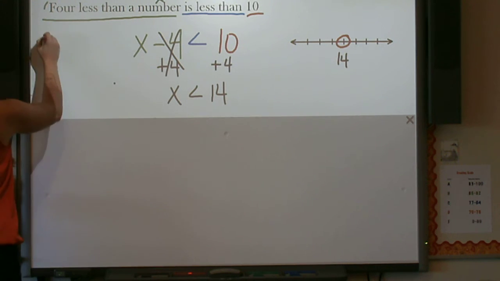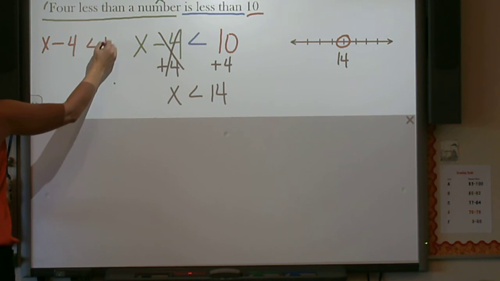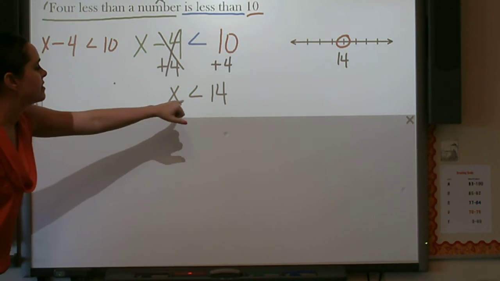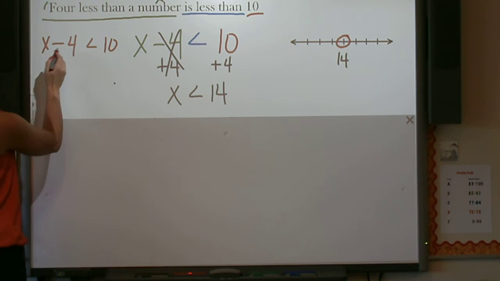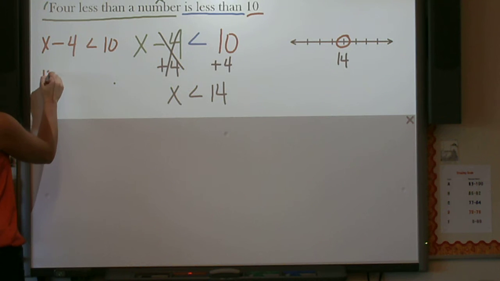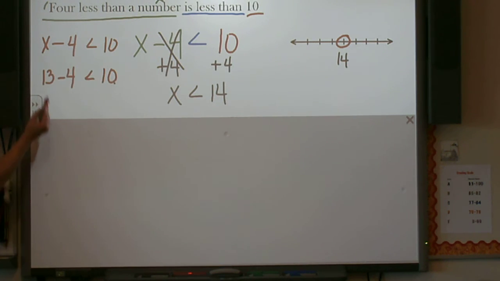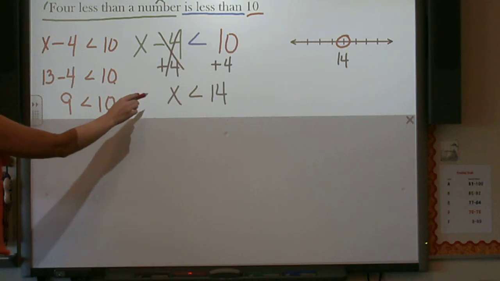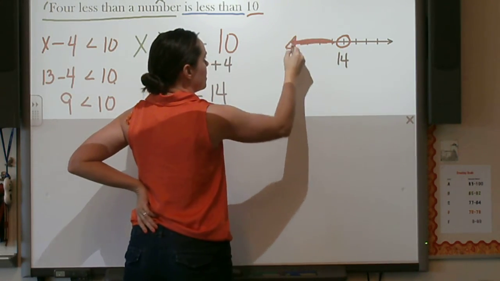I'm going to plug 13 in for x to see if x less than 14 is the inequality that I need. So x being 13, I have 13 minus 4 less than 10. 13 minus 4 is 9. 9 is less than 10. So this is accurate. It is numbers less than 14, which means I'm going to come this way.